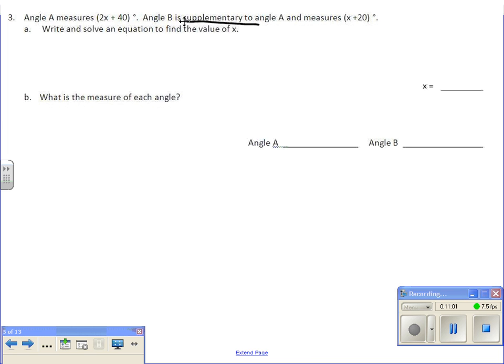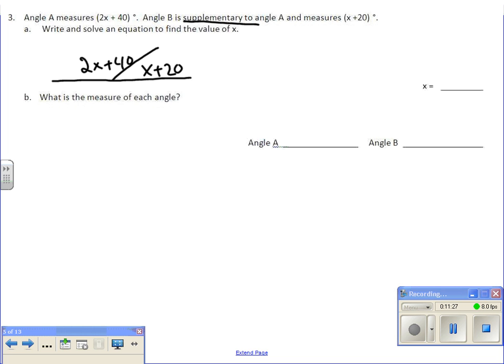First, just so we know exactly what we're talking about, I'm going to draw a picture of the situation. Supplementary means that the two angles are going to add up to 180 degrees. One of them is going to be 2x plus 40 degrees, and the other one is going to be x plus 20 degrees. So that's a picture of what's going on.